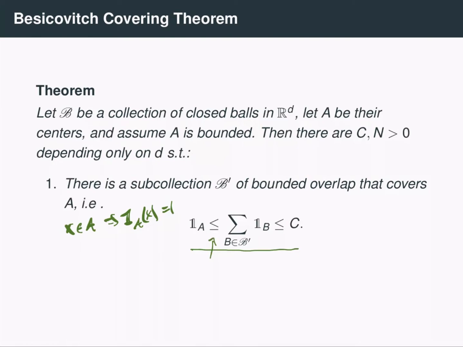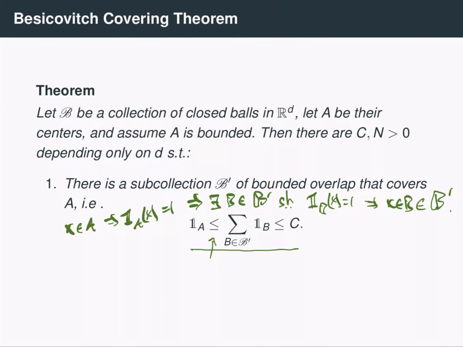But now, because that means that 1 is at most the sum of the characteristic functions of these balls, that implies that there exists B in my subcollection such that the characteristic function of B at x is equal to 1. But that implies that x must be inside some ball inside my subcollection. And that's what it means for the set A to be covered by the subcollection B prime.